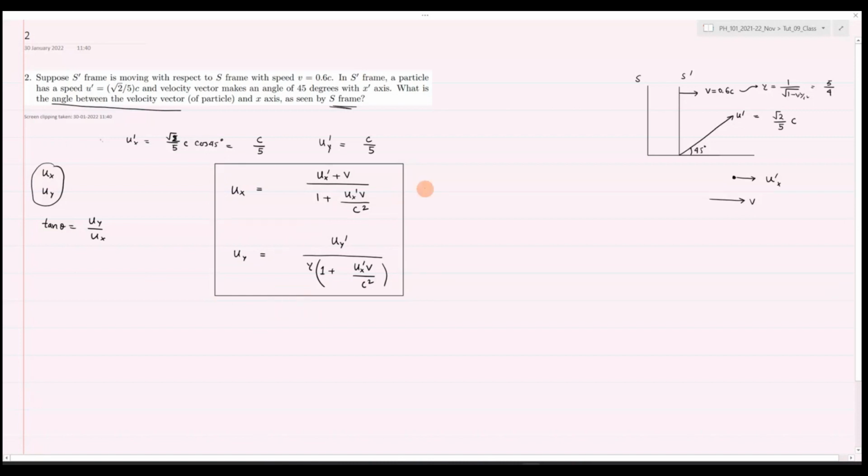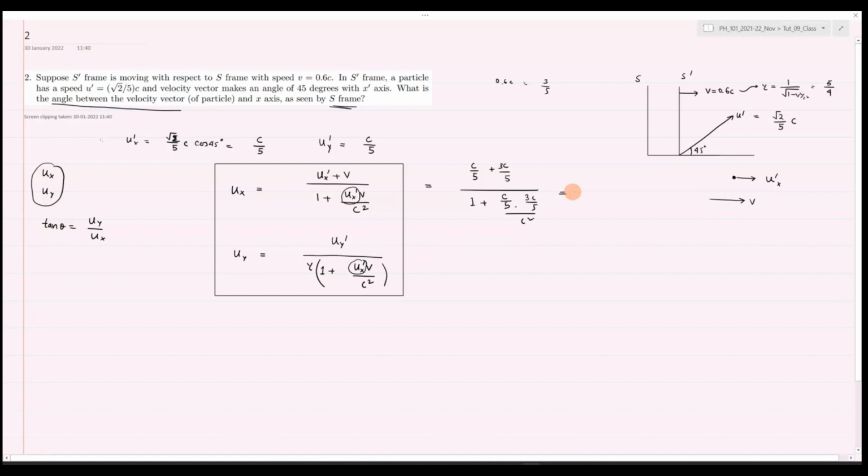Now you put ux: ux prime was c by 5, v is 0.6c, that means 3 by 5 c, over 1 plus, be very careful that this is ux prime, not u, not u prime, c by 5 into 3c by 5 by c square.